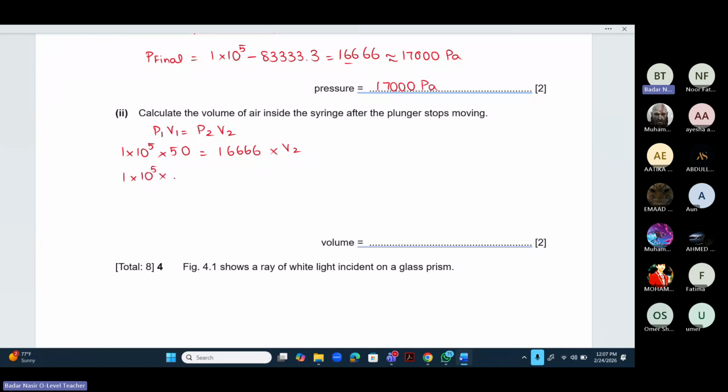Since this is multiplied with V2, it is shifted to the other side and will be divided. Okay, so you just put the whole expression on your calculator and you will get the final answer. So we get the final answer as 300 cm cubed.